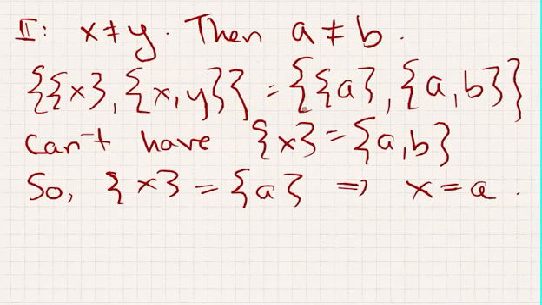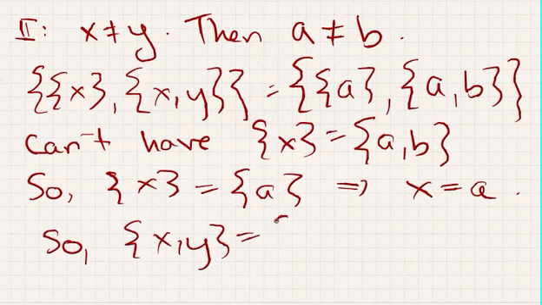Similarly, because x isn't equal to y, we can't have that the set x comma y is equal to the set containing a. So we have to have this. So that means that in particular the element y is equal to either a or b.